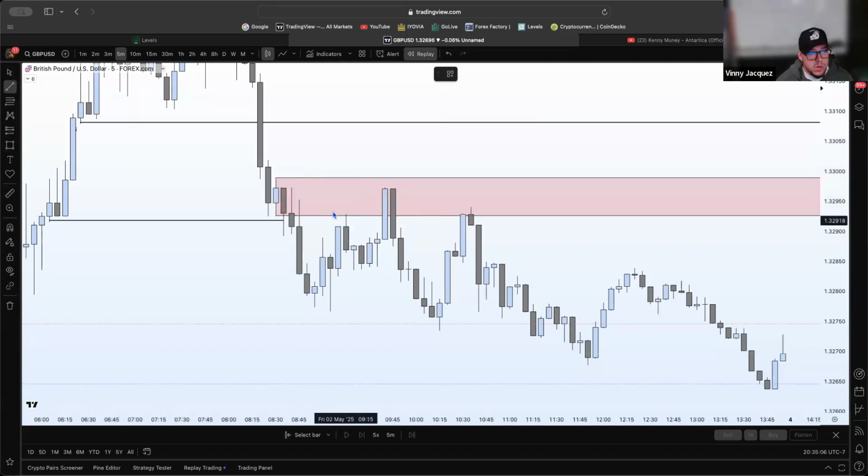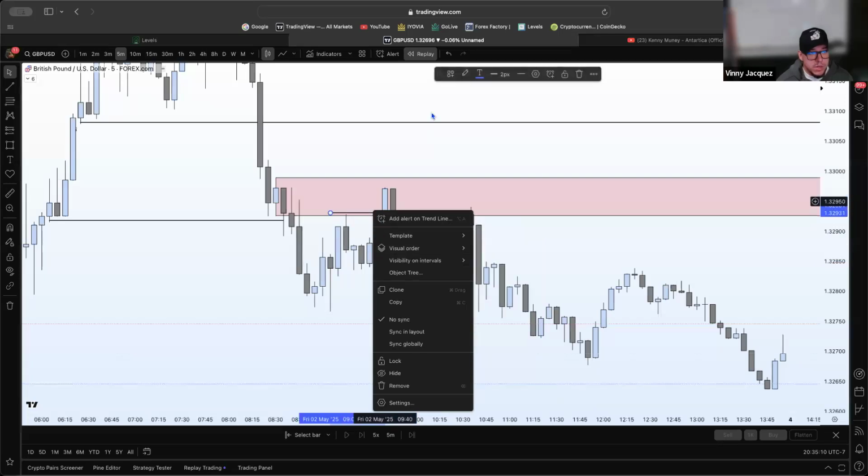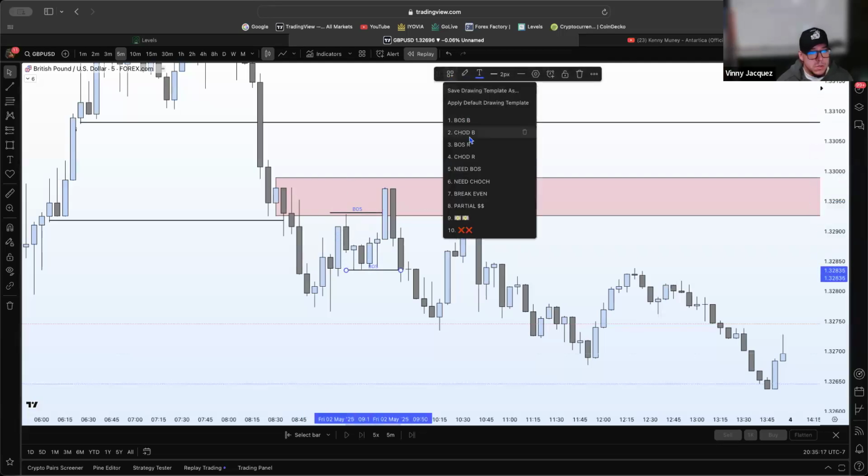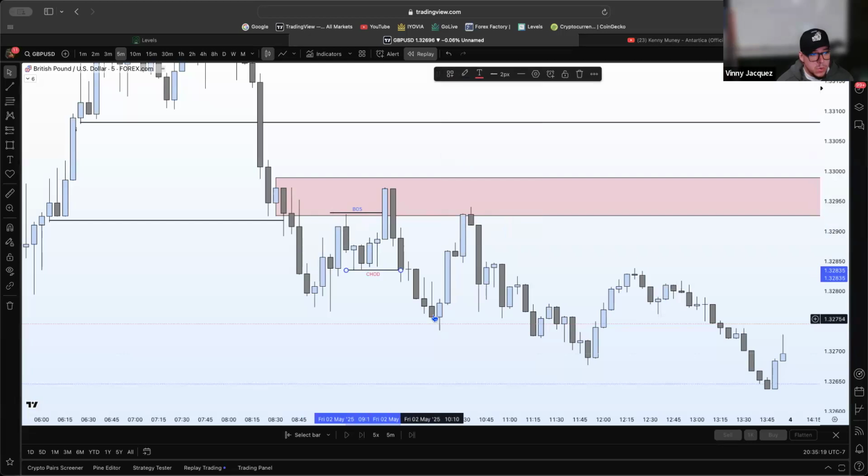Now, all we have to do is mark up our zones. That's my breakish structure to the upside. And this is my change of direction. Now, this is a 1, 2, 3, 4, 5, 6 candle breakout rally. My next starting point is technically right here.